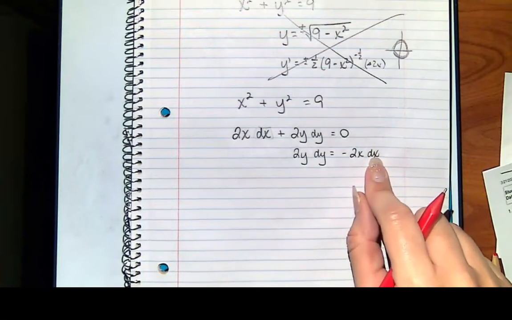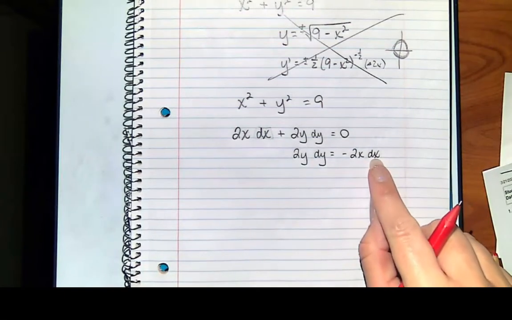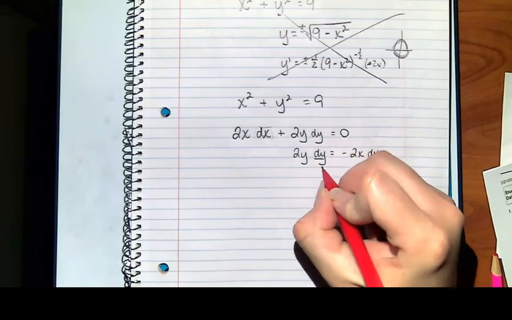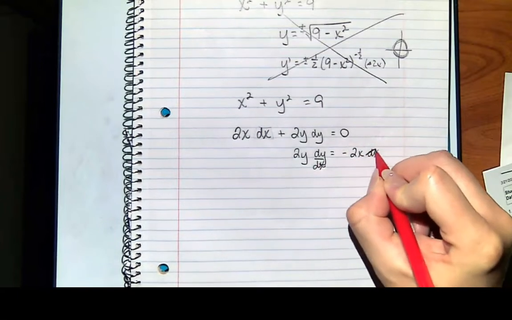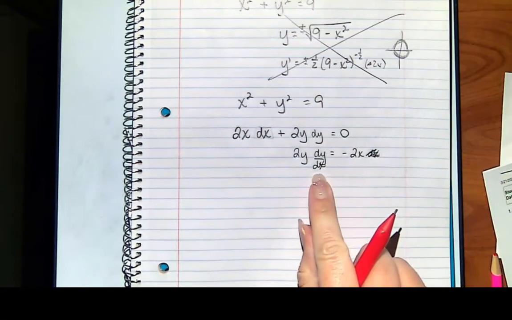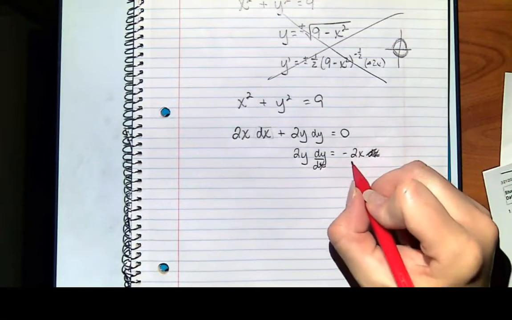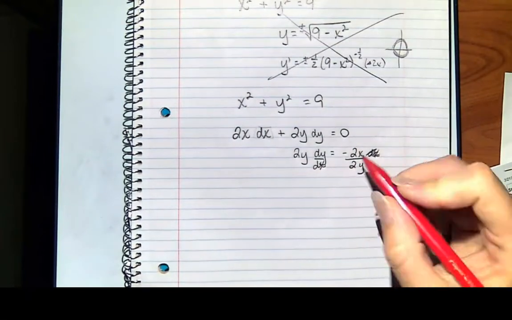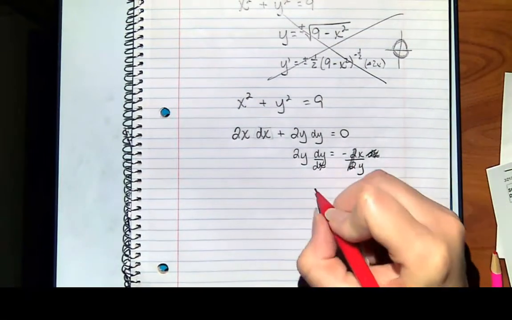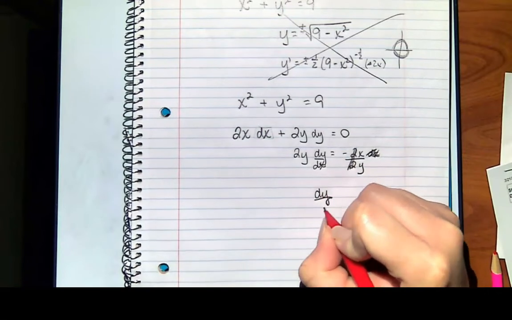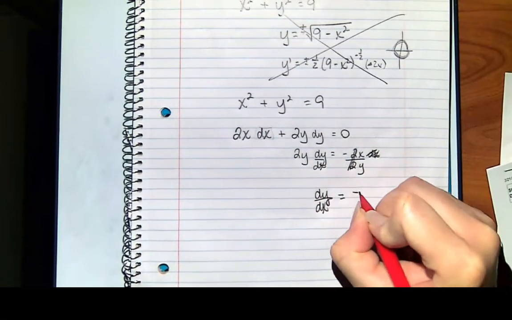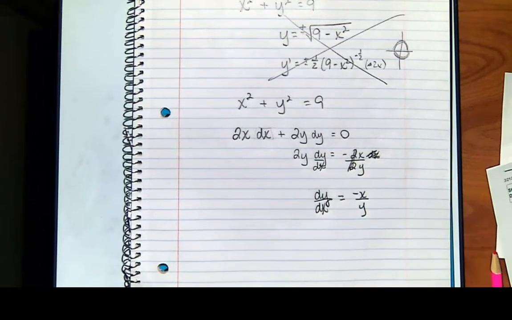This means the change in x. So what I can do is divide both sides by dx. So it'll disappear from the right and appear in the denominator on the left. And then I can divide both sides by 2y. So it'll disappear on the left and appear in the denominator on the right. So now I found out that dy/dx is negative x over y.